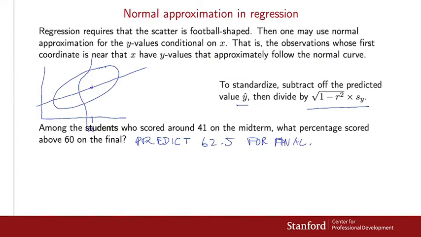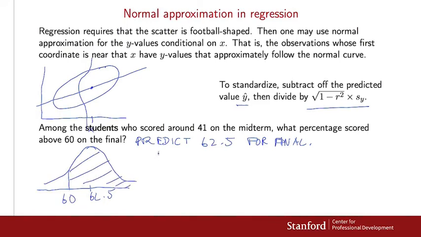That means that the normal curve is centered at 62.5. So the percentage of students who scored above 60 on the final follows a normal curve that is centered at 62.5, and we want to figure out what percentage scored above 60. So that would be that shaded area.